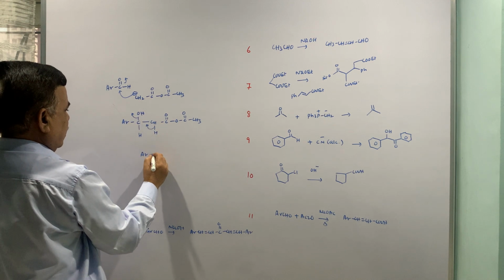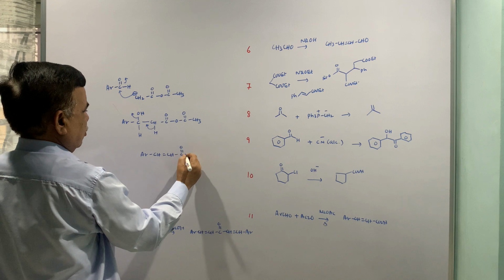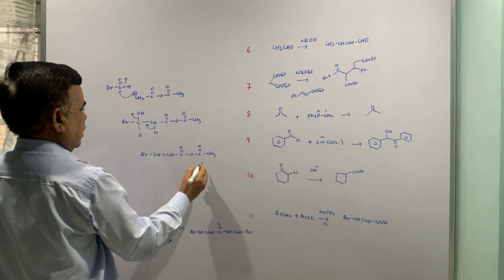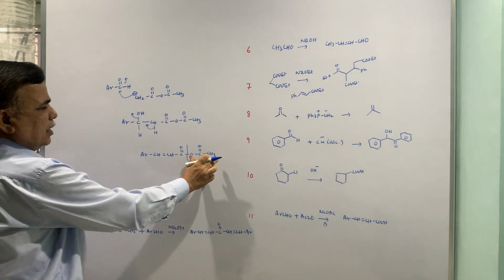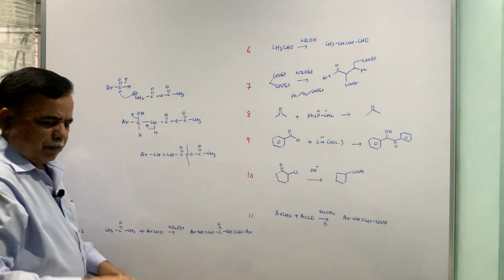So it will be ArCH double bond CH COOCOCH3, and if you hydrolyze it, this will become acid, that is acetic acid. So that is how the Perkin reaction takes place.